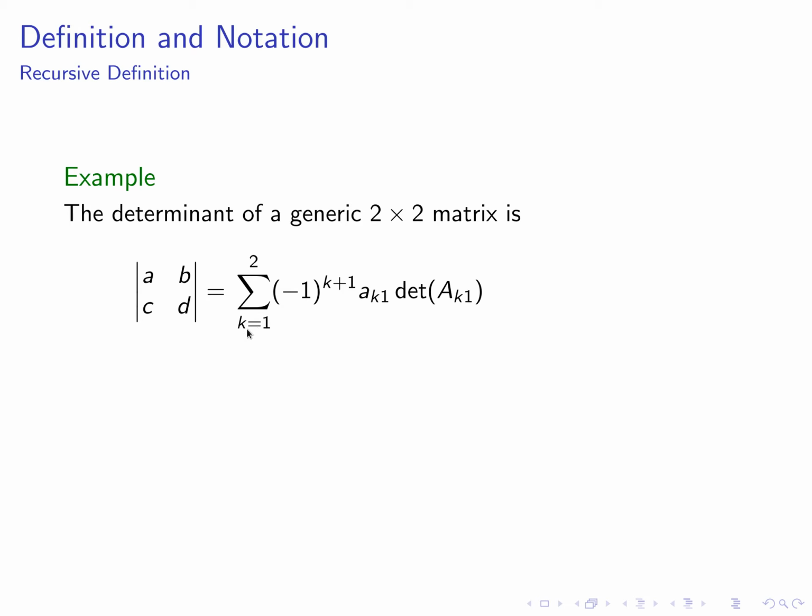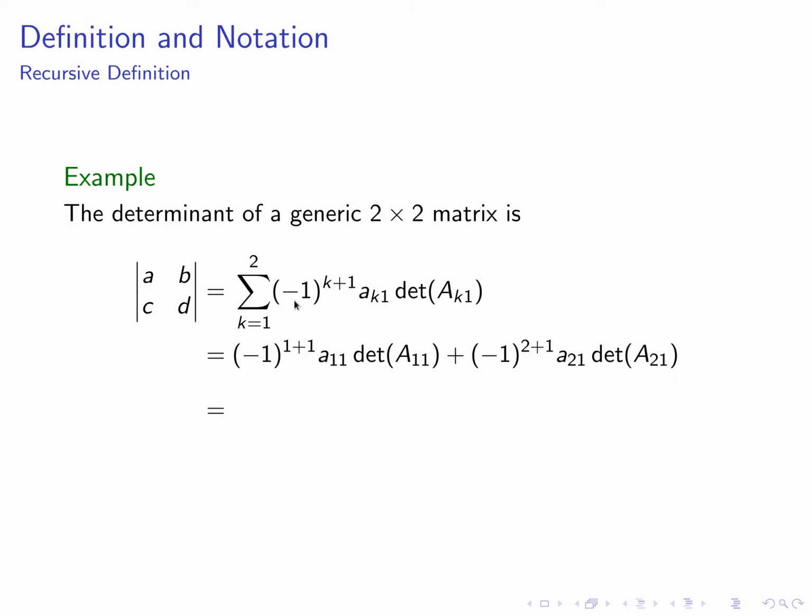So by definition, we're taking the sum from k equals 1 to 2 of -1 to the k plus 1 multiplied by the k1 entry of our matrix multiplied by the determinant of the k1 submatrix of our matrix.